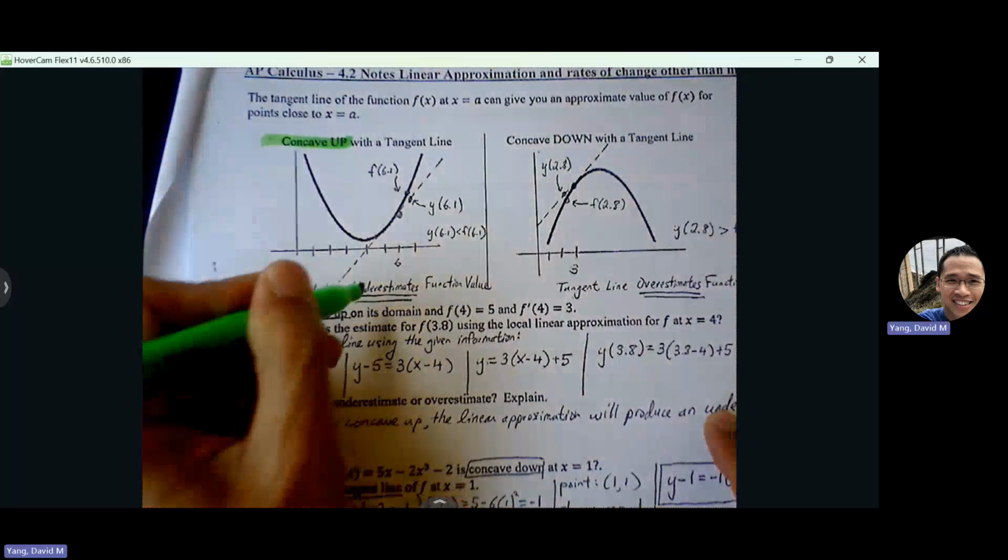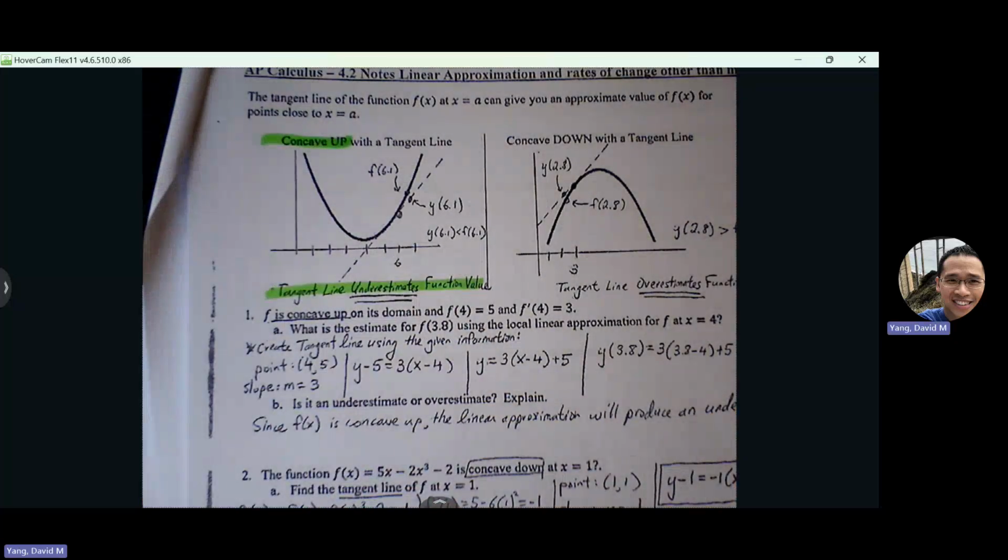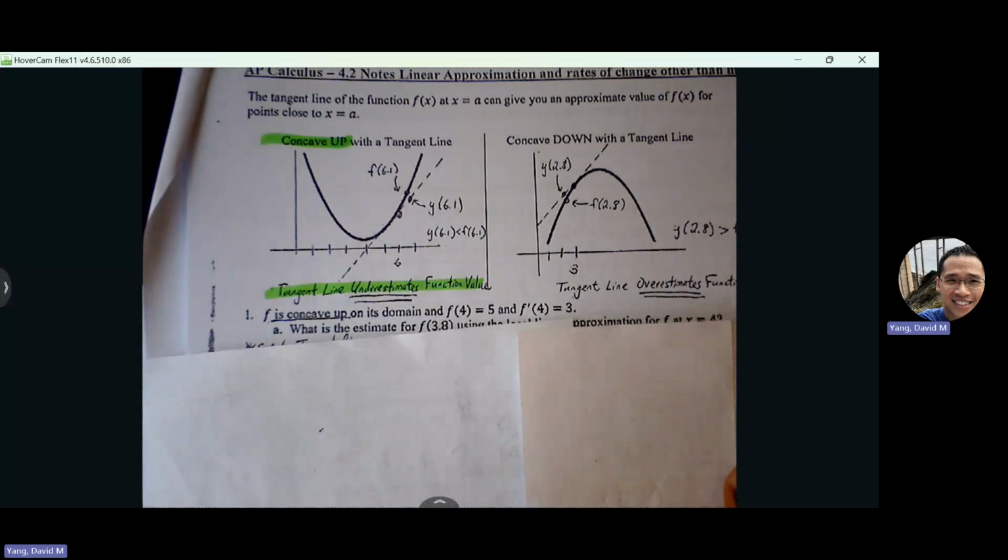That's really the big takeaway that I want us to have initially. And this is not something you have to memorize, because if you just draw a concave up graph and do a tangent line, you should be able to visually see, okay, this tangent line is always going to sit below the curve. And you don't have to prove it at all, except to just kind of state it. Same idea, right?